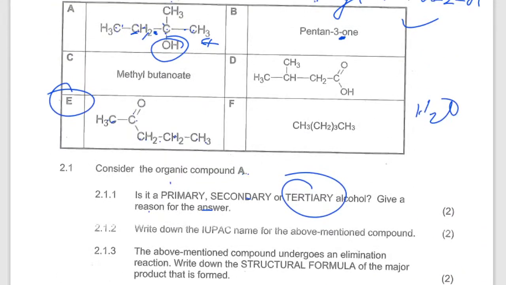Obviously you have to balance, but they're saying compound E. How many carbon atoms? 1, 2, 3, 4, 5. So I'm going to say there are 5 C. How many hydrogens? 3 plus 2, that's 5 plus 2, that's 7 plus 2.